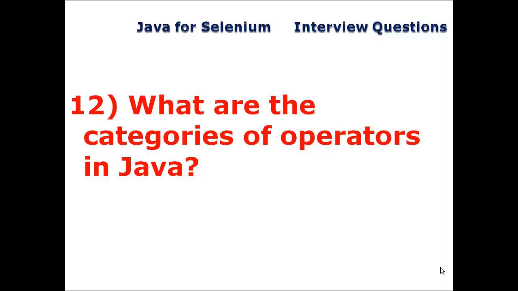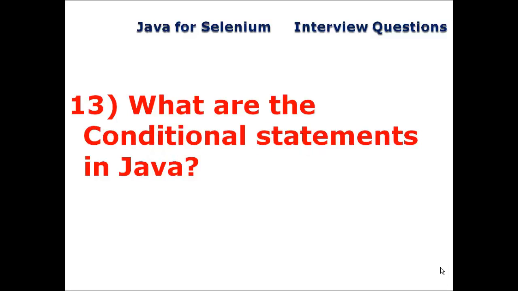Important categories of operators in Java: assignment operators, arithmetic operators, relational operators, logical operators, etc. Next, what are the conditional statements in Java? Types of conditional statements in Java: if statement, switch statement.